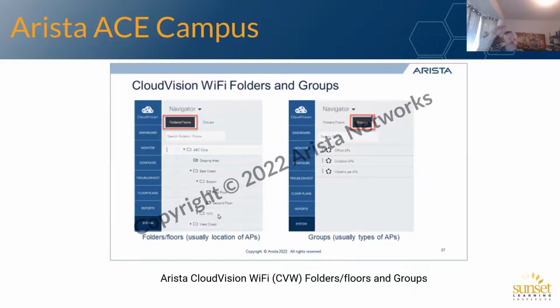Maybe outdoor APs, maybe, I don't know, office APs, maybe warehouse APs, right? And so now I want to apply not only a configuration based on their location, but a configuration based on what type of AP they are. What are they doing, right? So we'll talk about how folders and groups, how we can use those together to really define the configuration that we want on our APs.